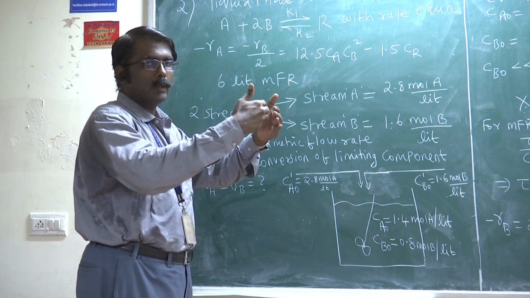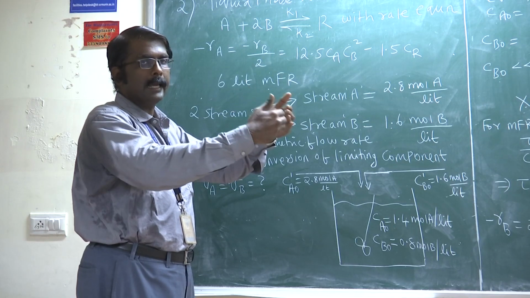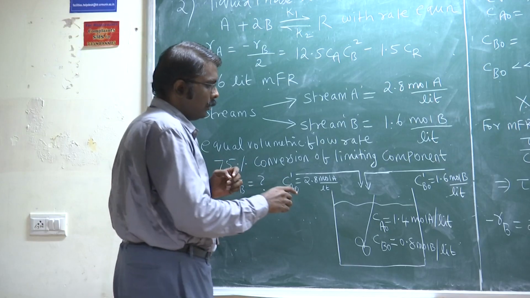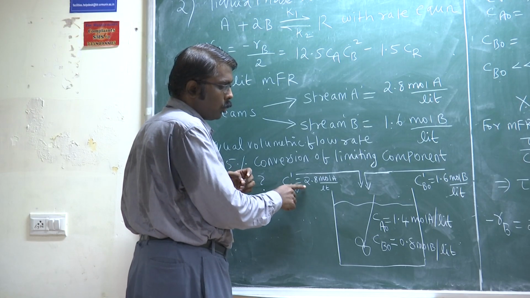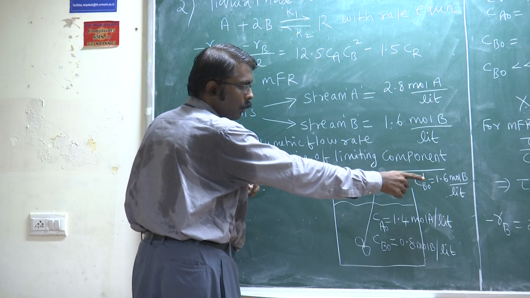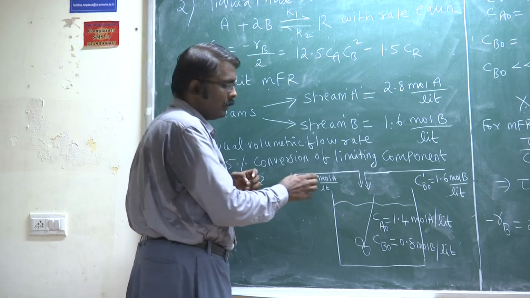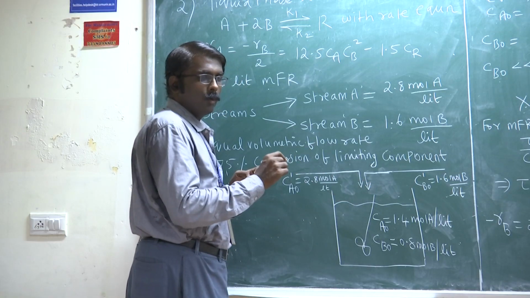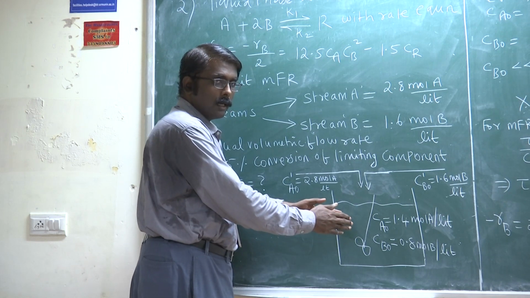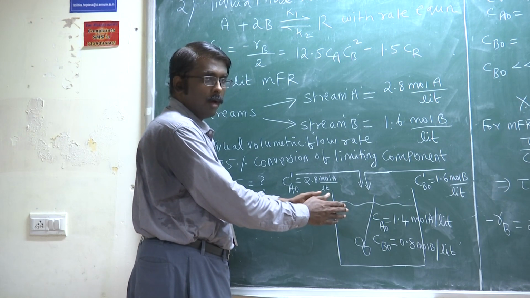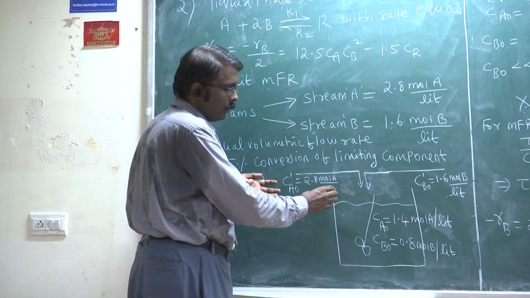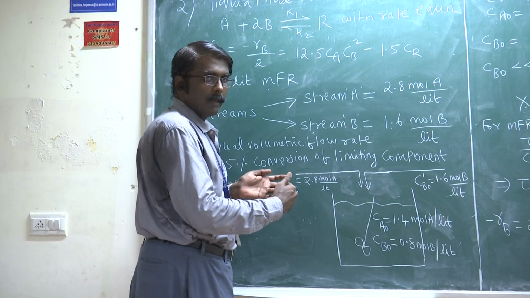But when they combine and enter the reactor together, the concentration value will decrease, because outside the reactor the concentration is 2.8 moles of A per liter and 1.6 moles of B per liter. If they enter at equal volumetric flow rate, for the combined stream inside the reactor the concentration becomes half of the given value, because inside the reactor the volume of the system becomes 2 liters.